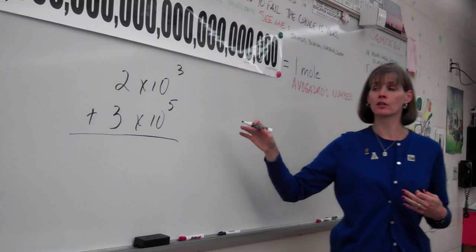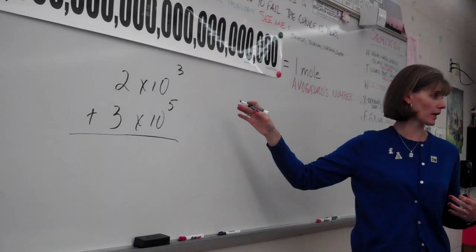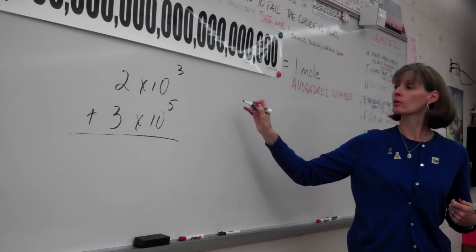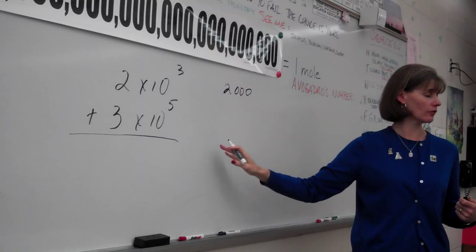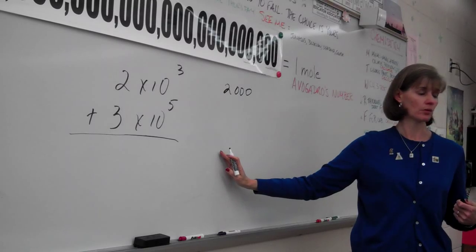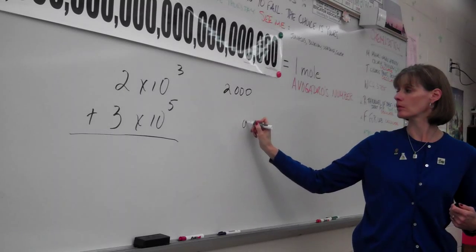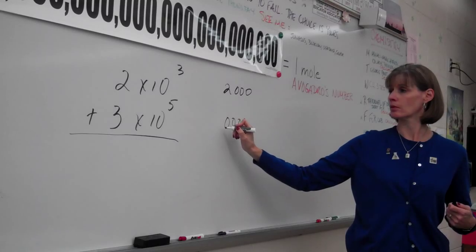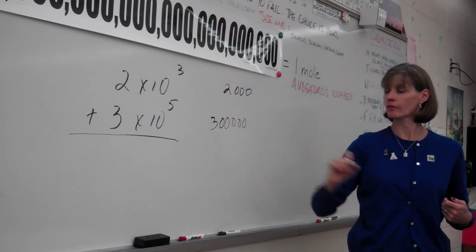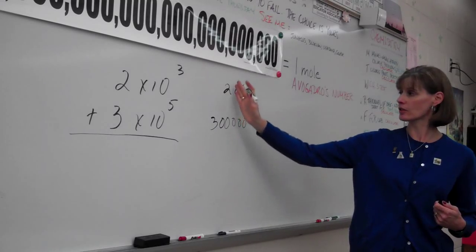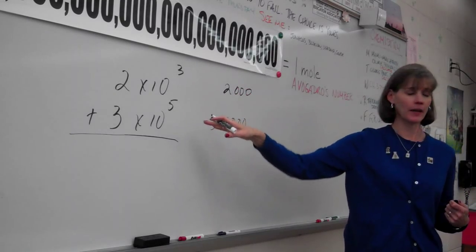Because 2 times 10 to the third as a regular number is 2,000. And 3 times 10 to the fifth as a regular number is 300,000. How many zeros? 5. Okay. Now notice that those columns are not matching up.